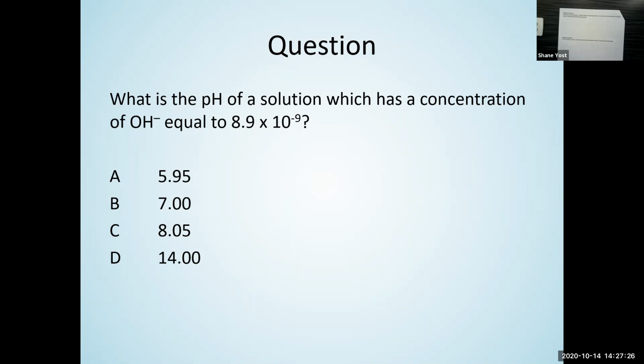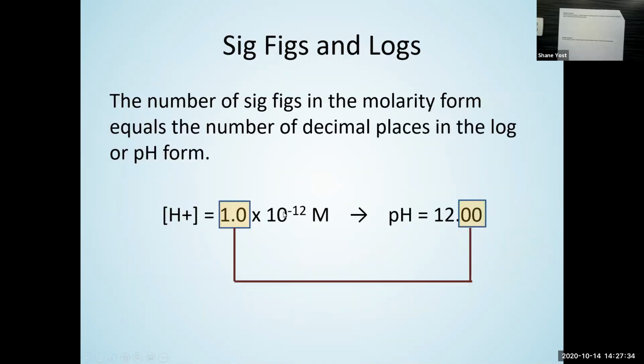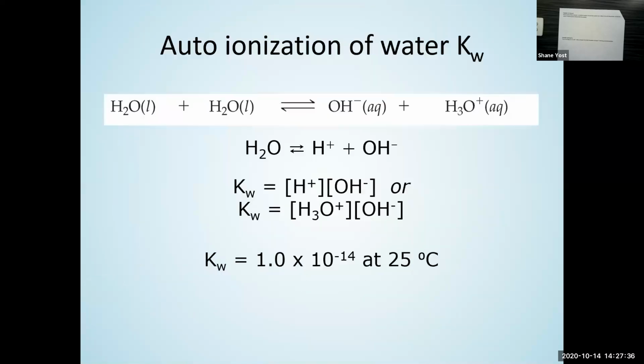And we know for water we have that auto-ionization reaction, an equilibrium established between H plus and OH minus, such that the concentration of H plus times the concentration of OH minus always equals 1 times 10 to the minus 14.